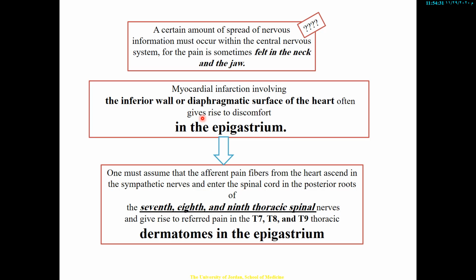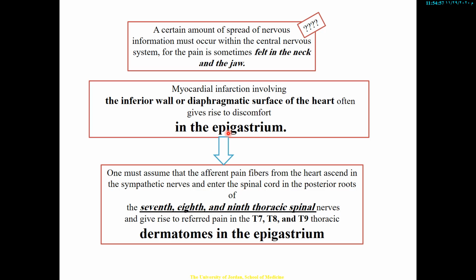Some of them would complain about pain in the left arm, referred pain, or in the left jaw and the neck. And some of them would just come and complain about epigastric pain or discomfort. And this also we can explain on an anatomical basis.